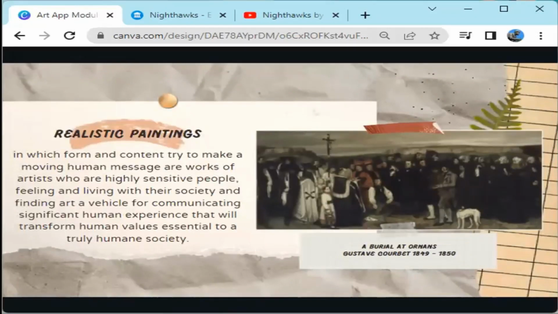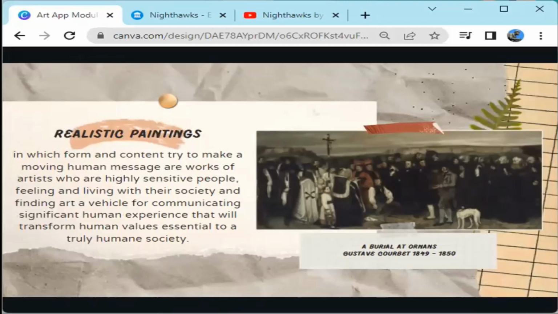These are works of artists who are actually highly sensitive people, feeling and living with their society and finding art as a vehicle for communicating significant human experience that will transform human values essentially to a truly humane society.